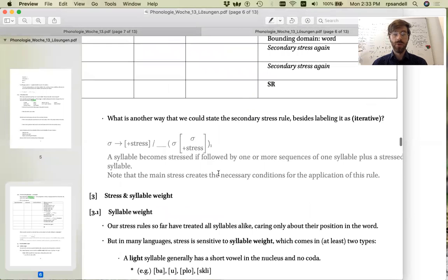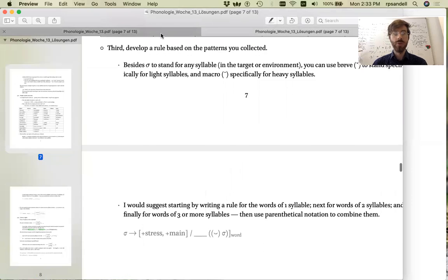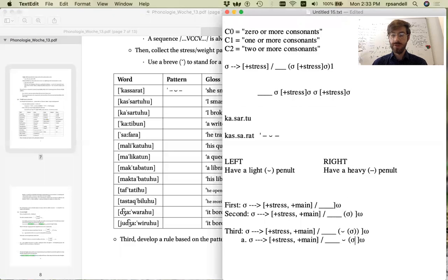So we'll want to have a rule which first assigns stress to a syllable which is followed by a light syllable and then any other syllable. Then we will want to progressively remove information from the parentheses.